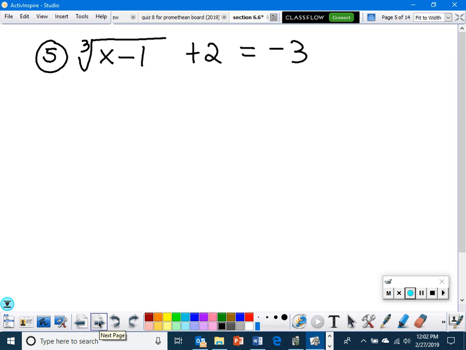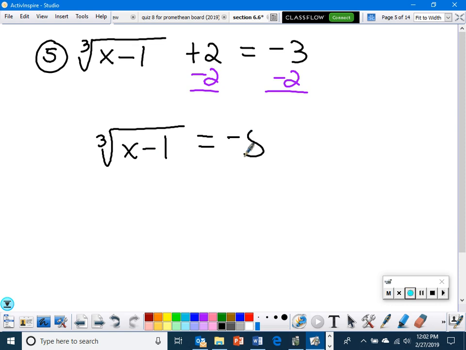Okay, this one, start by getting rid of the 2. Get rid of the cubic root. Now when you do these, since that is a -5, you should get into the habit of putting parentheses around that, because that could affect the answer in some situations.